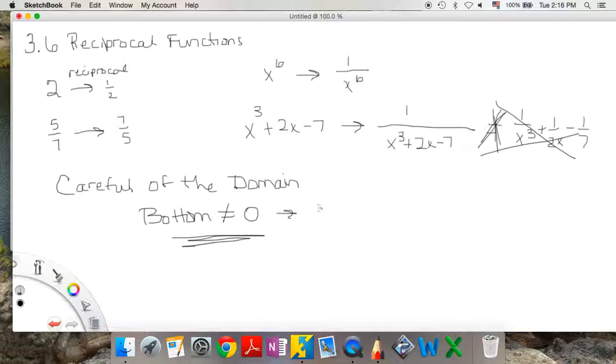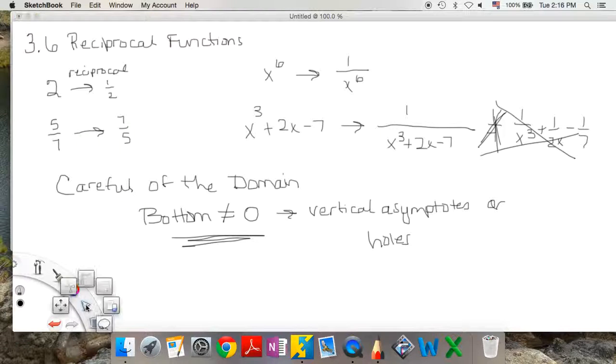So that's going to give us vertical asymptotes, or holes in our function, depending on how it works out. With the reciprocal functions that we're working with right now, it'll just be vertical asymptotes. With the other rational functions where we have stuff on the top besides just one, then we're going to end up with some holes. So for right now, we're just going to deal with some vertical asymptotes.